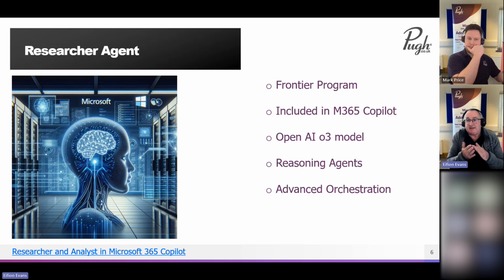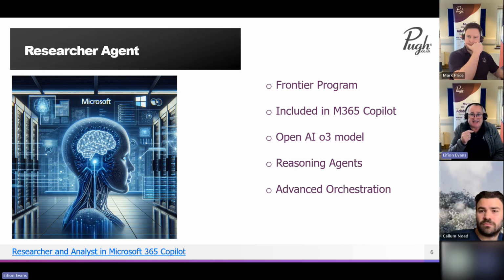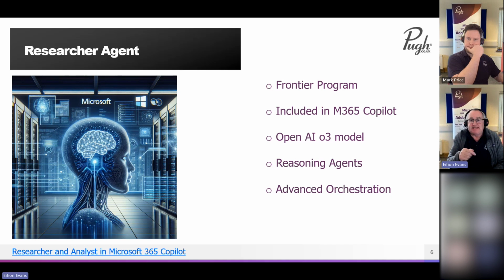So firstly, there's the researcher agent. It's based on the OpenAI o3 model, and it helps you tackle complex multi-step research tasks at work, giving better quality and insights than before.